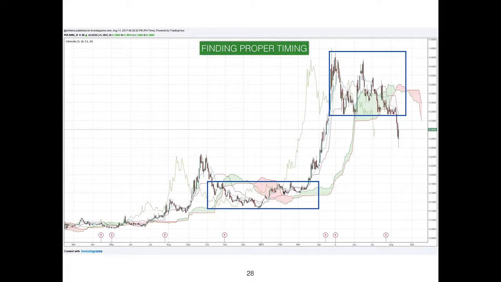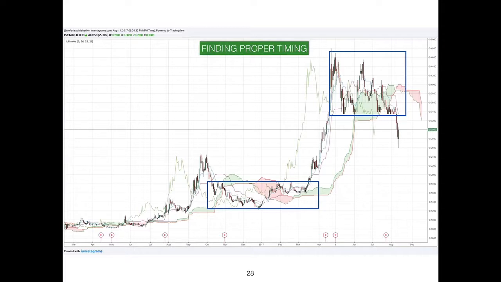In this area, while price was able to break above the midline, the Kumo was not yet bullish. It was still bearish, so you wouldn't expect a breakout to happen during this time. As prices moved sideways, the Kumo already twisted and the price consolidated above the Kumo. It was already on top of a bullish Kumo and the bias was bullish. So you know that the breakout will likely happen soon.